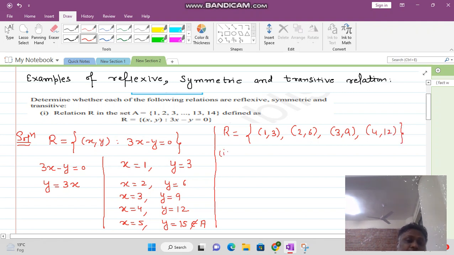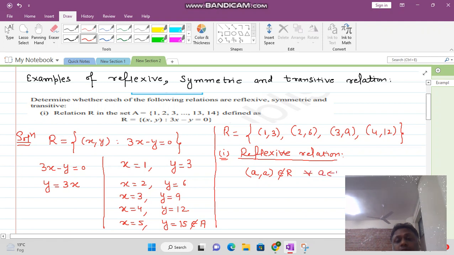Now first of all we talk about the reflexive relation. So clearly you can see that (a, a) is not a member of the relation for all a belonging to A. By that I mean that if you take 1, then (1, 1) is not a member of the relation.